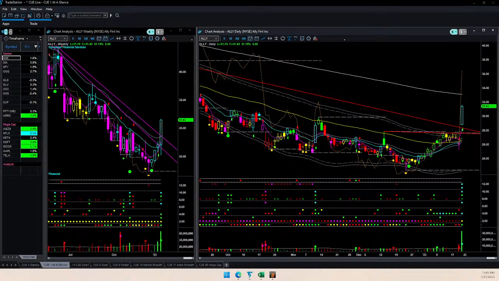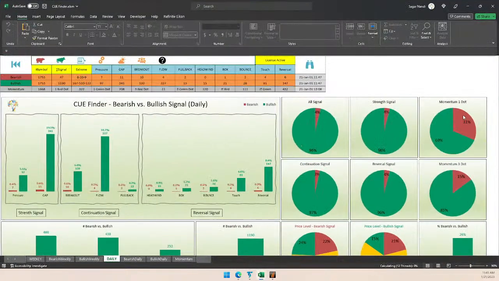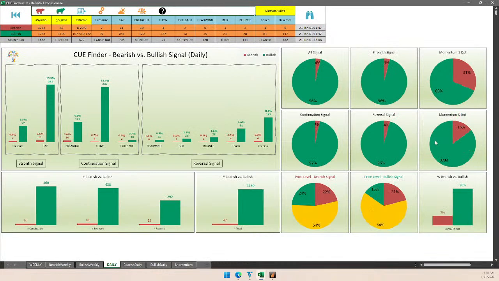Let's go back to the technical breadth. What I explained is that though jump thrust is high in terms of percentage here, that is not a reason not to buy. We have to keep the context in mind.